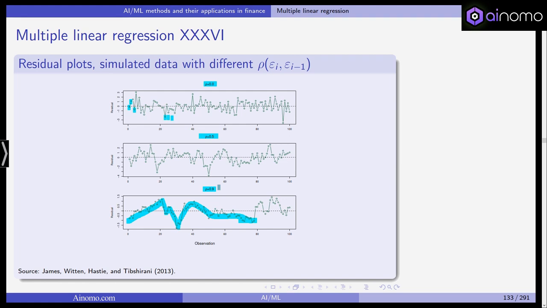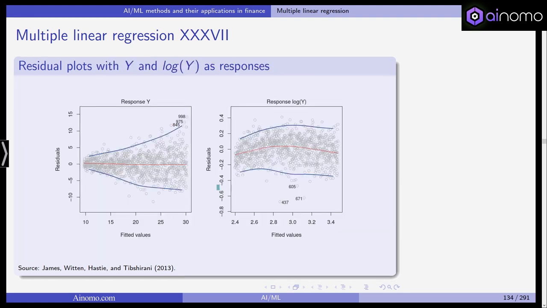Again, use a residual plot. Now, the third one is non-constant variance of error terms. Here you can see one example where you have the fitted values and the residuals, and actually if you only plot the mean of the residuals, you would say, well, there's no trend. However, the dispersion, the variance of the error terms, increases dramatically with the data.